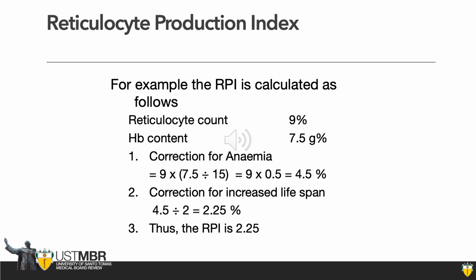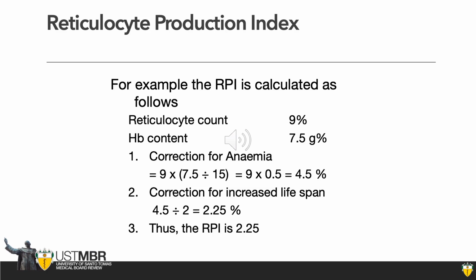We can compute for the RPI in several steps. First, we have to compute for the corrected reticulocyte count. This is by multiplying the reticulocyte count in percentage to the result of dividing the hemoglobin of the patient, that's 7.5, divided by the average normal hemoglobin, which is 15, then you would get a corrected reticulocyte of 4.5%.